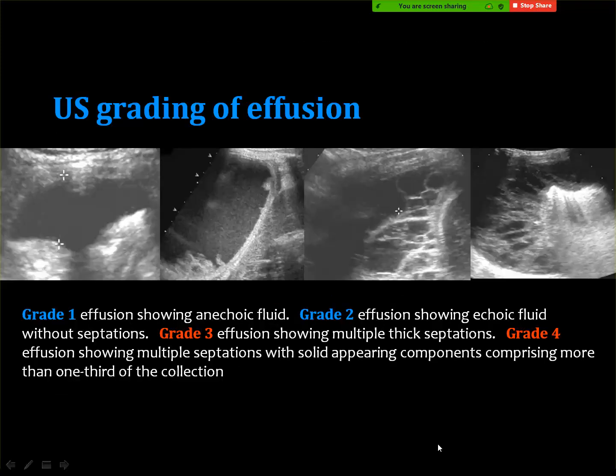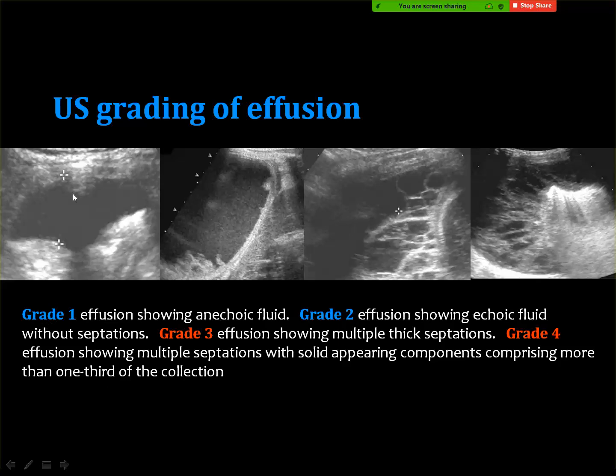Then one of the important imaging tools is ultrasound, especially in cases of empyema. And recently we have seen the ultrasound grading of pleural effusion, which ranges from grade 1 to grade 4.